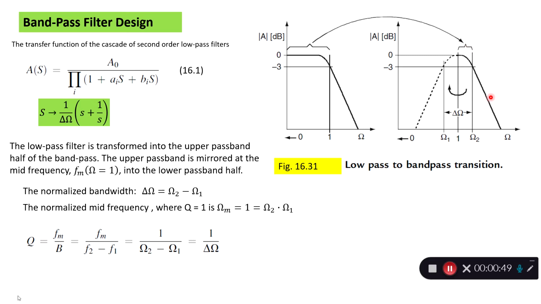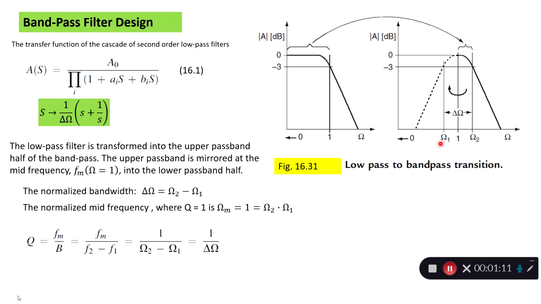So then we have a bandpass filter. And the trick is done by exchanging S in the equation with 1 over delta omega and a factor called S plus 1 over S.